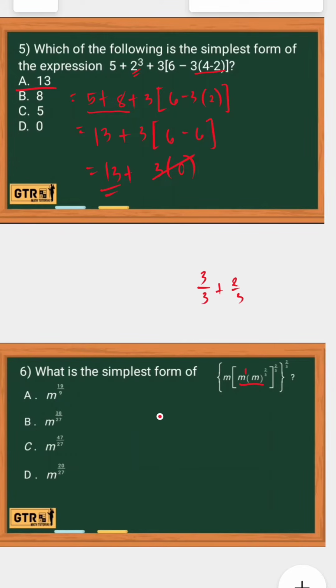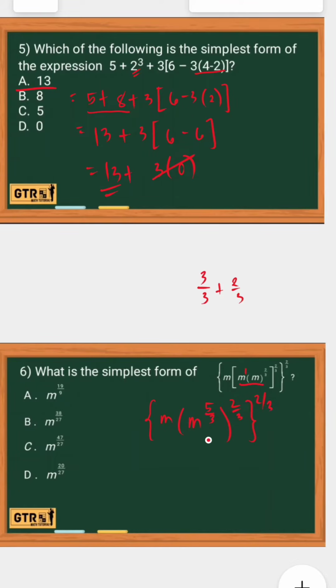So, therefore, itong expression na to sa loob is magiging m raised to 3/3 plus 2/3. So, that is 5/3. Okay, 5/3 raised to 2/3 and then raised to another 2/3.